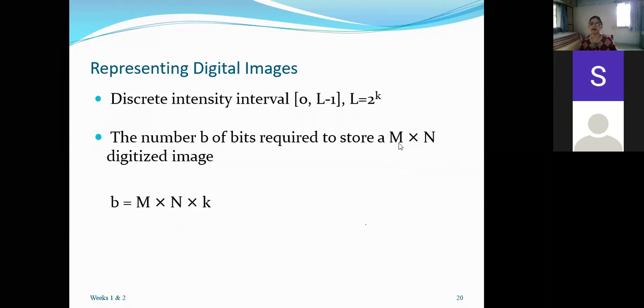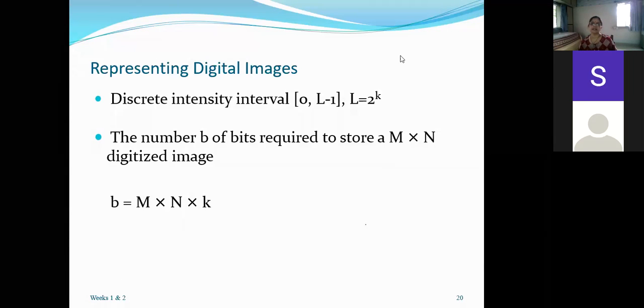So if your image size m by n is, say, 10 by 10, and if you are using 8 bits per pixel, in that case, how many total bits are required to represent the image? If m is 10, n is 10, and the number of bits per pixel is 8, how many bits are required to store the image?